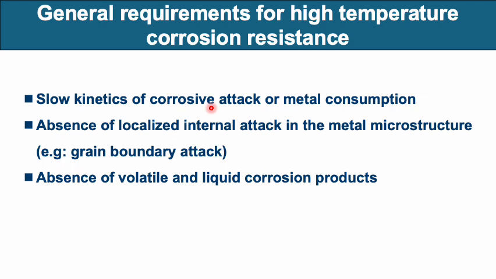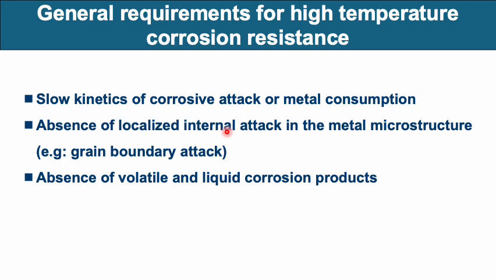And then there should not be any localized internal attack. If oxygen penetrates into the material and oxidizes within the material, for example, if we oxidize the grain boundaries of the material, then it is bad, because oxides are brittle while the metal is ductile. So this forms a brittle link across these grain boundaries in the form of intergranular oxidation. This is not intergranular corrosion, it is intergranular oxidation.